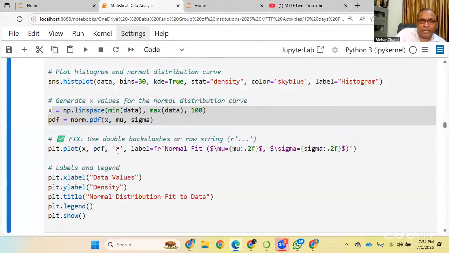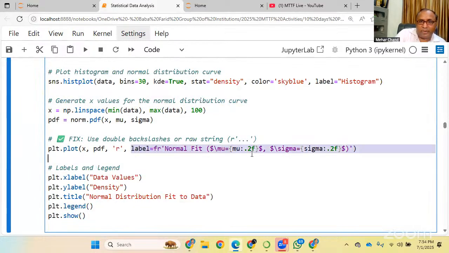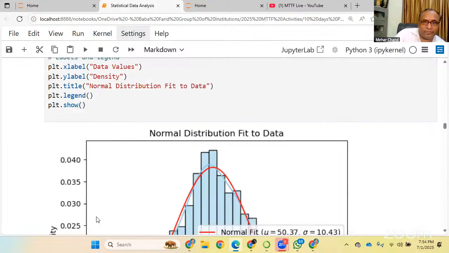Color r is red, and this is the label we are using for the normal fit, as well as for sigma and mu; both values are required. Then we use xlabel, ylabel, title, legend, and show. So see what happens when we execute these statements. Yes, you can see in this graph very carefully.